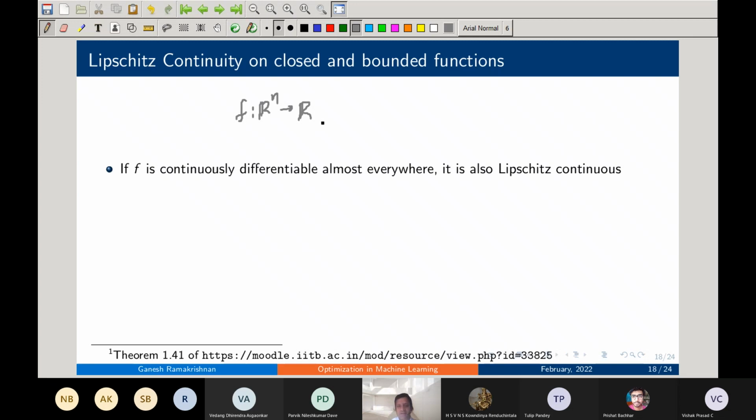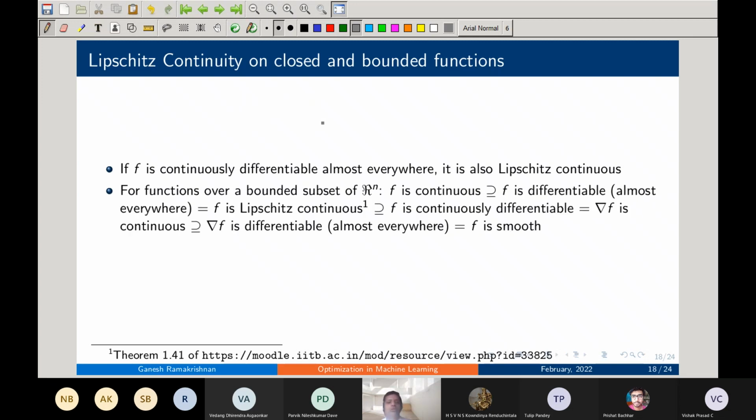And now we look at some other interesting properties. For a bounded subset of Rn, this is the property. Let me take some examples as we go. So f is continuous. Oh, we know too many of these. Let's say x, e raised to x, all of these are continuous. That has a subset which is f is differentiable almost everywhere. That's what I was talking about some time back.